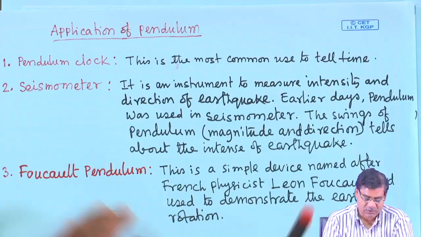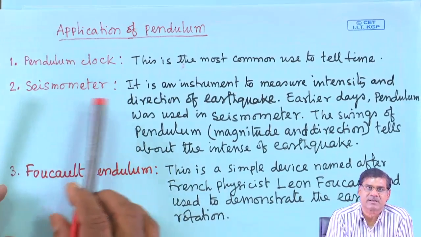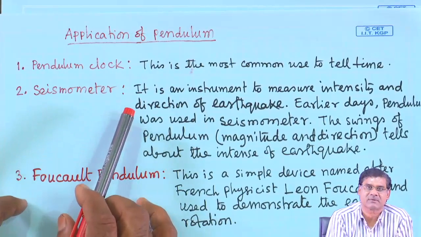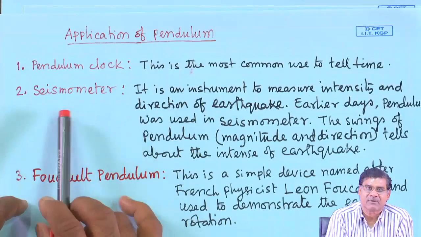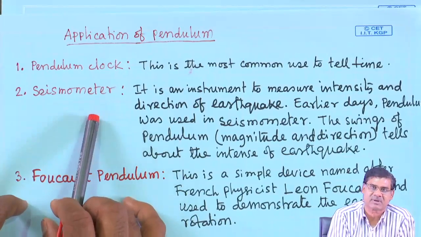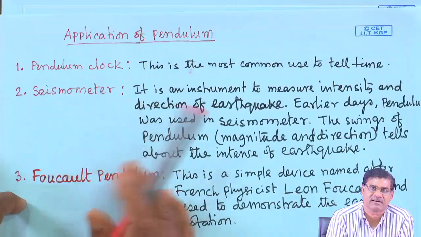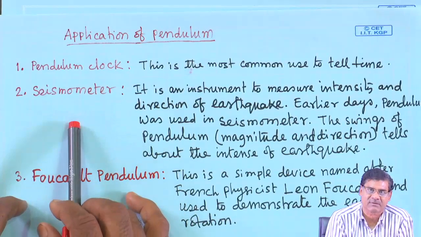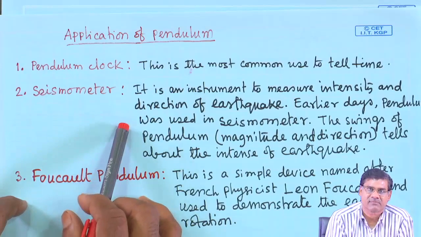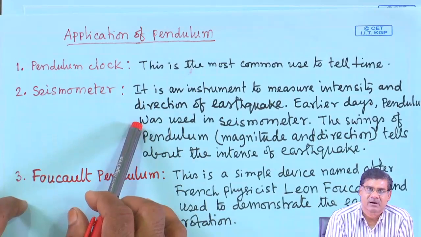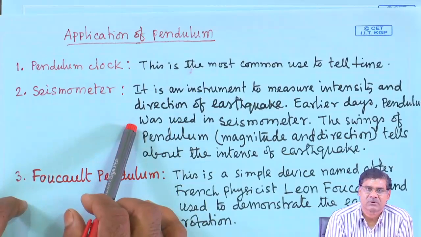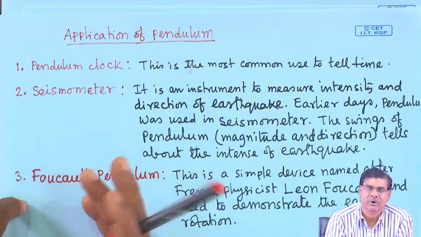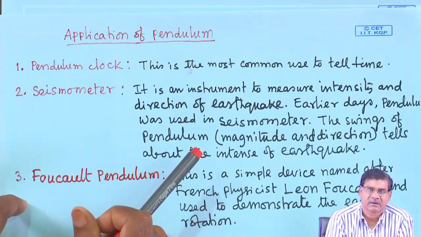That is basically called a seismometer. Earlier this seismometer was used; now it is modified. Now also it is called a seismometer, but it is used in a different way. Earlier days, the pendulum was the only instrument used to know about the earthquake.